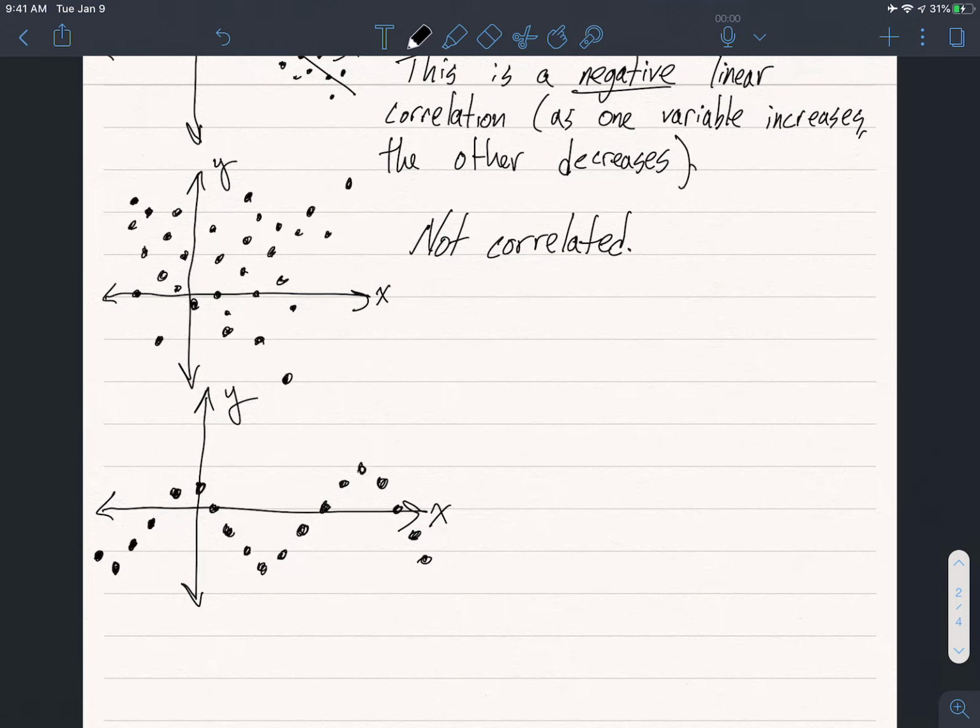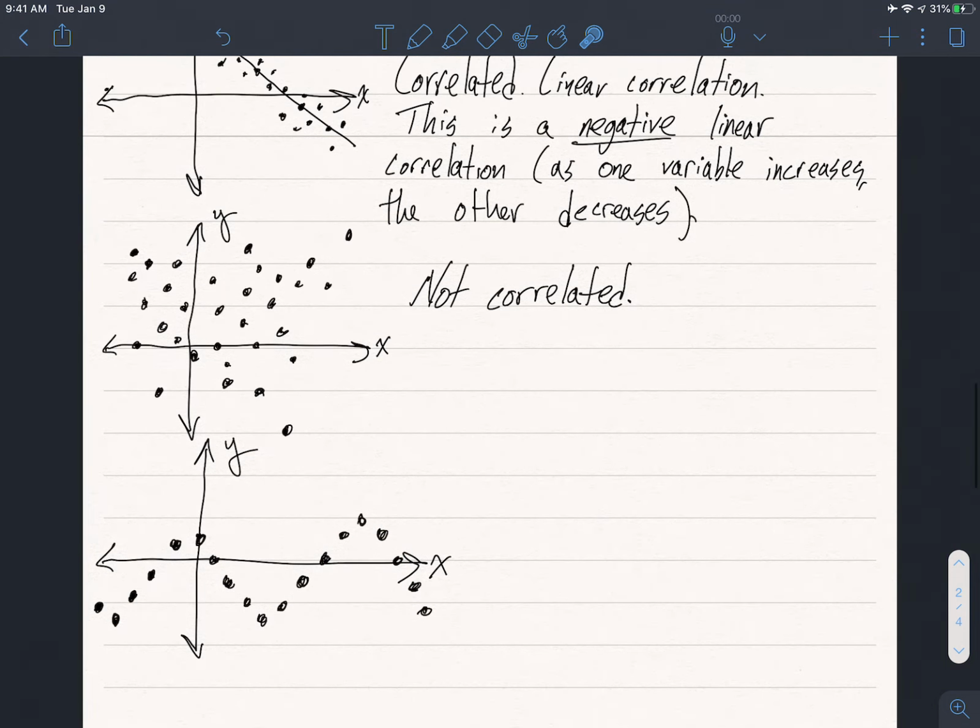Would we say that these are correlated? I would say yes, they follow a pattern, right? They follow a very strong pattern, almost like waves. They definitely follow a pattern, but is it linear? Does it follow a straight line? No, they follow this wavy pattern, right? So since there does seem to be a relationship, I would say yes, these are correlated.